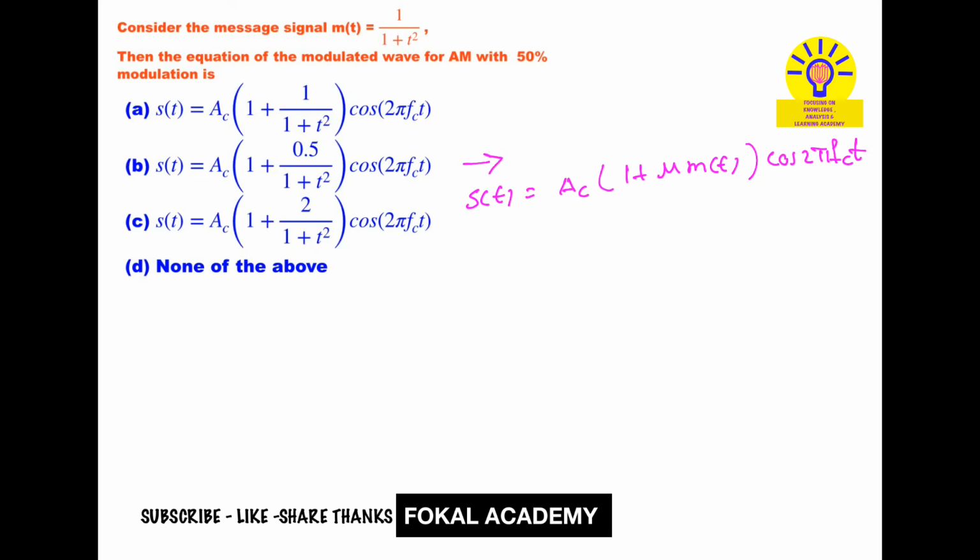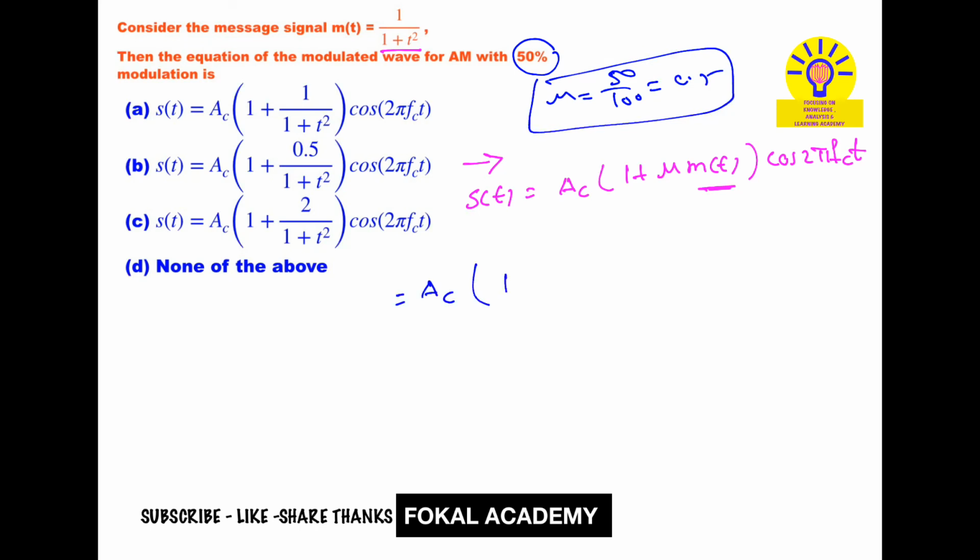When you observe here, this is the message signal, given as 1 by 1 plus t square, with modulation of 50%. 50% means 50 by 100, that is equal to 0.5. So this is the modulation index value. Now substitute here: Ac into 1 plus, mu is 0.5, multiplied by m of t, which is 1 by 1 plus t square, into cos of 2 pi fct.